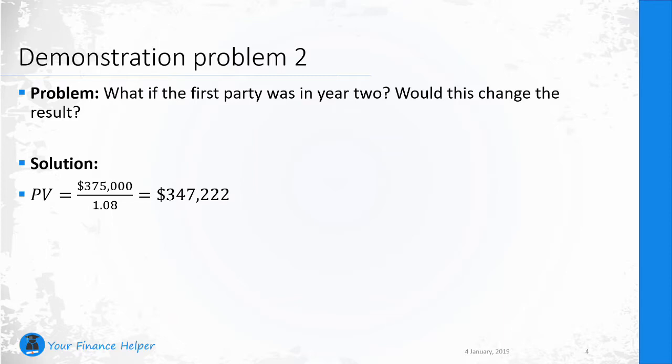This gives us a value of $347,222. So if the first graduation party was in 2 years and you would be able to use $30,000 every year forever, then you invest $347,222 today with a return of 8% on your investments, and that would continue forever.